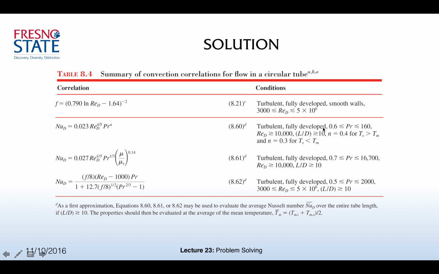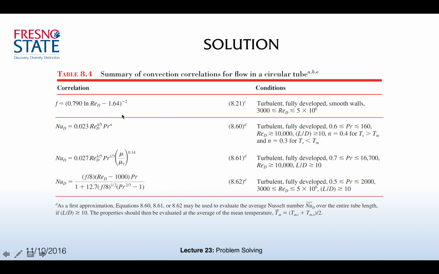So turbulent, fully developed, Prandtl number is within this range, Reynolds number is greater than 10,000, so we can use that. The next one would give us the hassle of trying to find more properties such as mu s, which is at the surface temperature, and we don't know that surface temperature for the tubes. So this one is easier because it fits all the criteria.